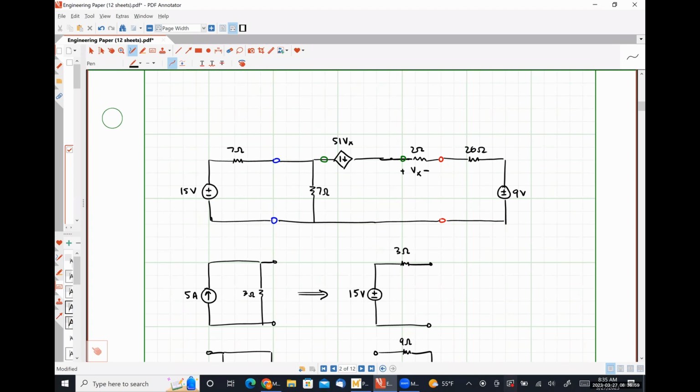We could use mesh, but we didn't know mesh on the second day of class, or the third day of class or whatever it was. What if we did a source transformation on the practical voltage source on the left-hand side here? 15 in series with 7 is going to look like some sort of current source, right?